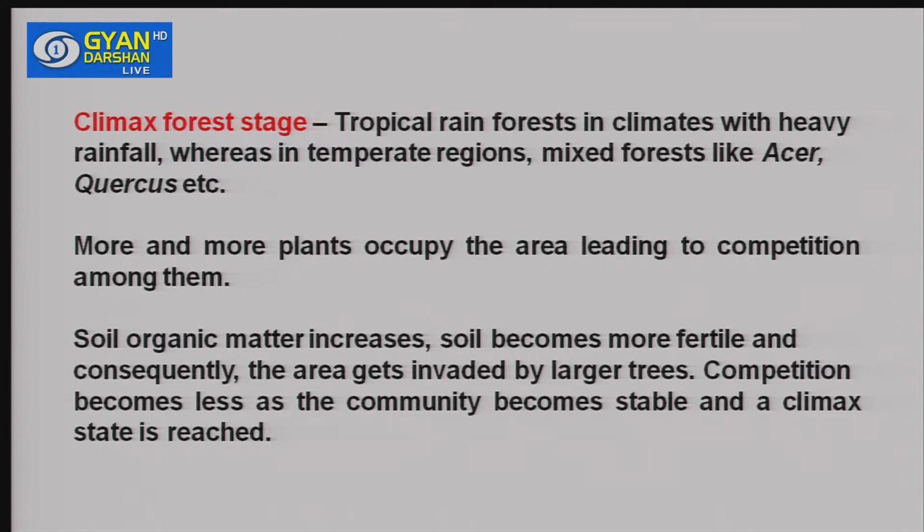Since they offer a lot of shade, the understory vegetation dominated by herbs or shrubs is not able to survive. So what started as an aquatic habitat ultimately ends in a terrestrial habitat. This is known as hydrosere. You start with an aquatic habitat, and ultimately it is converted into a forest community.